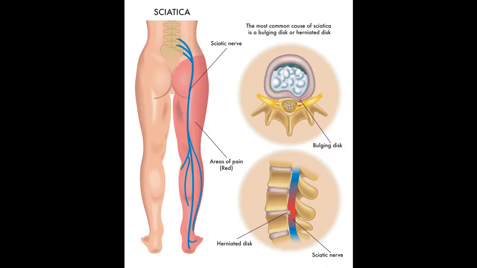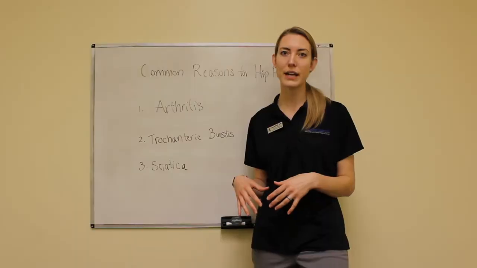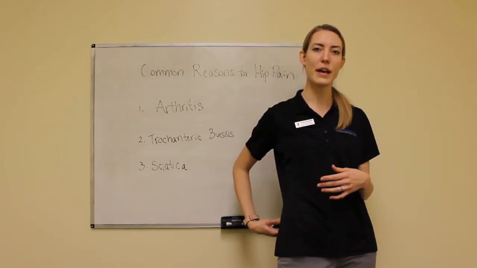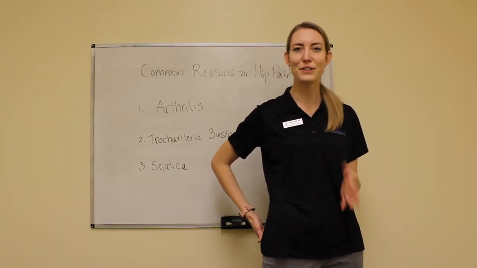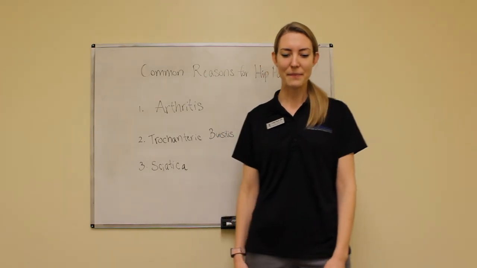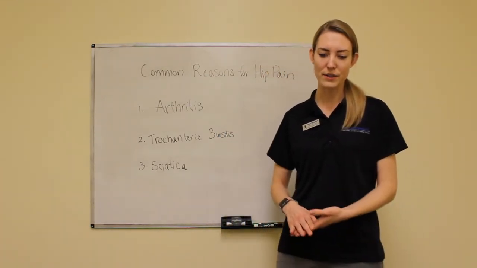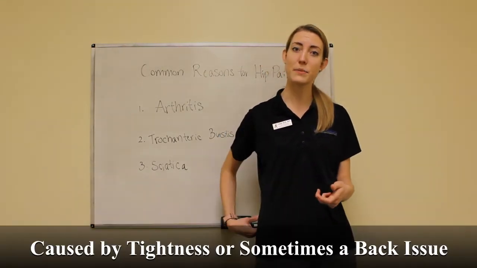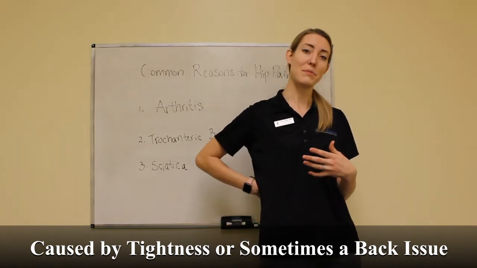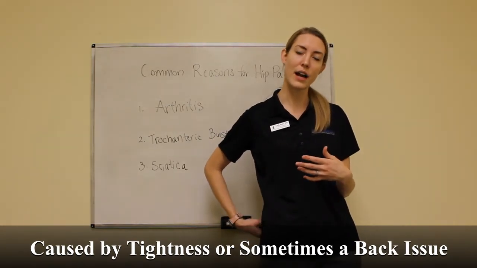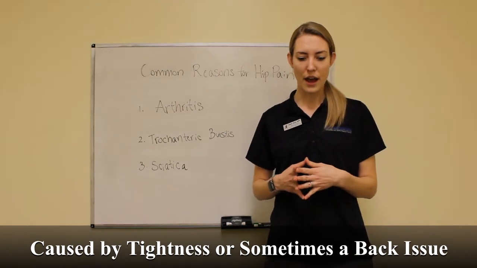And then number three, a major reason we see hip pain is sciatica or sciatic nerve pain. This is when you get discomfort in the back of your hip, usually right in the middle of your gluteal muscles there. And this can be caused from having too much tightness in those muscles. Sometimes it even can be a back issue that the pain is kind of referring down there.